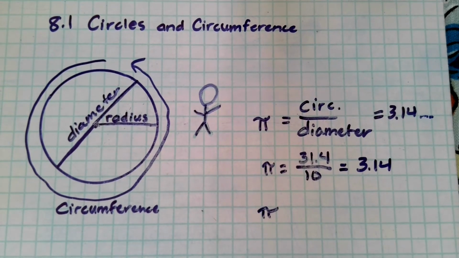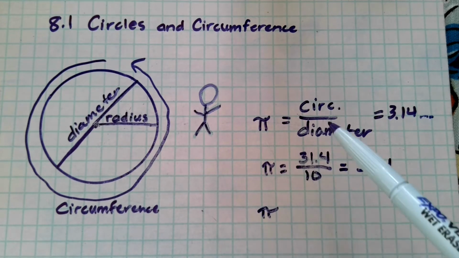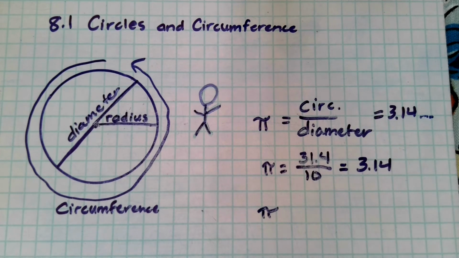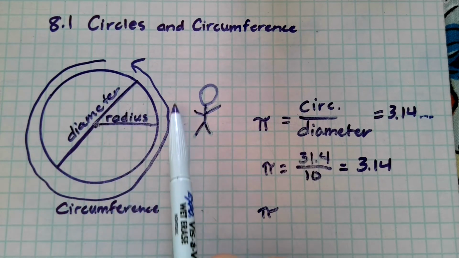So that's the big deal with pi. It's mind blowing, especially if you were Archimedes back in the era that he lived a long, long time ago. And he discovered, oh my goodness, for every circle, if we take the circumference divided by the diameter, it's always the same. Okay, so today we are going to be solving some problems using what we know about circles here.